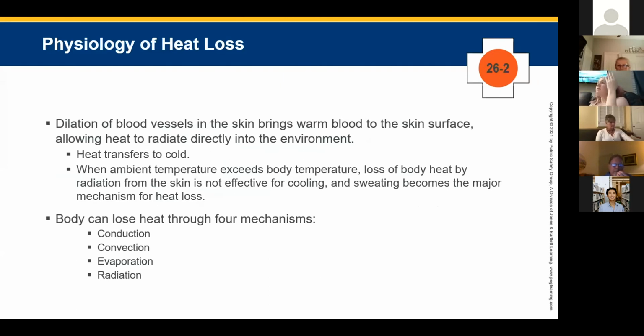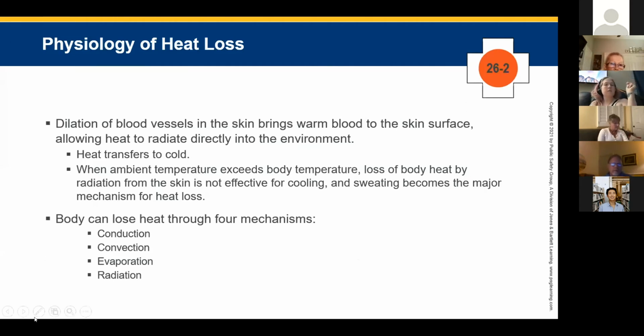Conduction. Tell me about conduction. Can anyone tell me about that? Come on, I want to hear participation. Would that be directly transferring it to something? So say you're sitting on the cold ground or in cold water. The heat transfers from one thing to another.